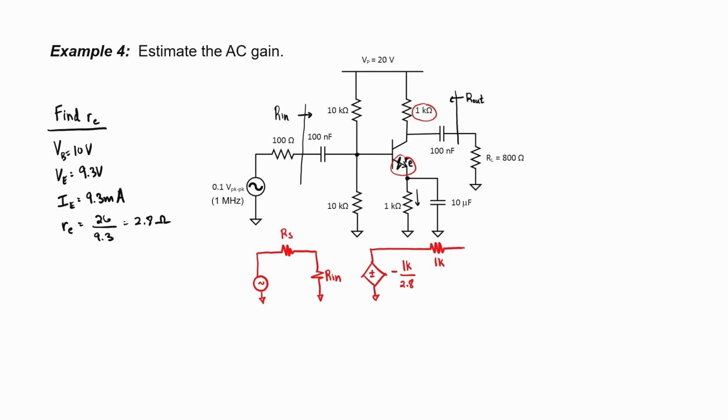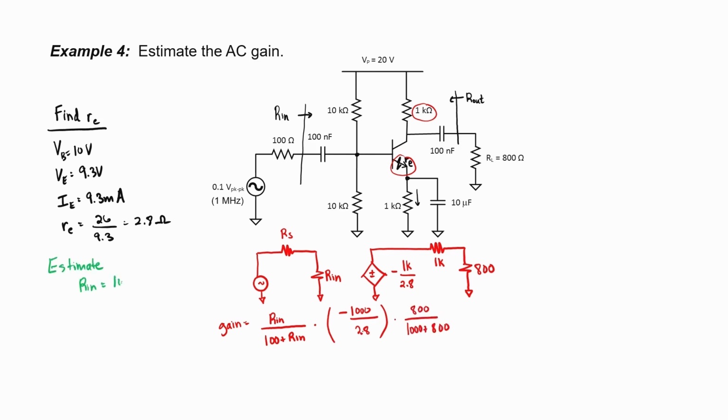My output impedance is 1 kilo ohm, and then finally we have a load of 800 ohms. My gain consists of an input voltage divider, then a gain segment, and then an output voltage divider. Let's estimate our input impedance as being 10 kilo ohms going to the AC ground in parallel with 10 kilo ohms going down to the other AC ground. That's going to give us 5 kilo ohms.